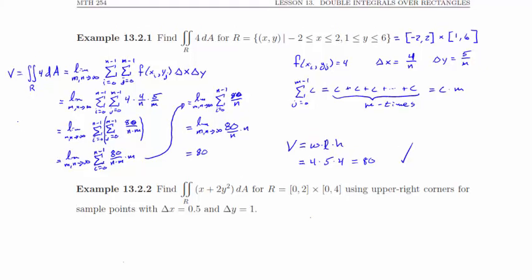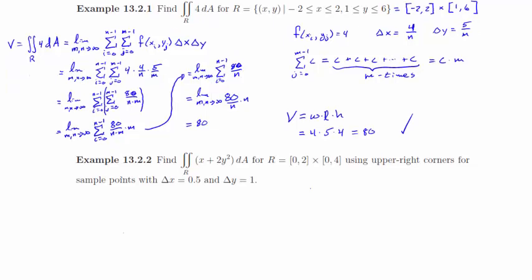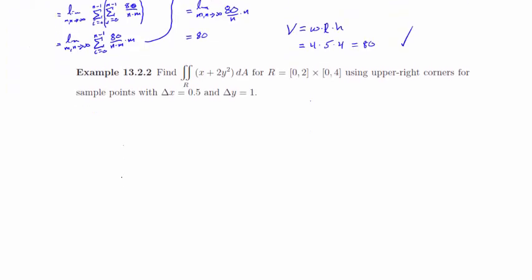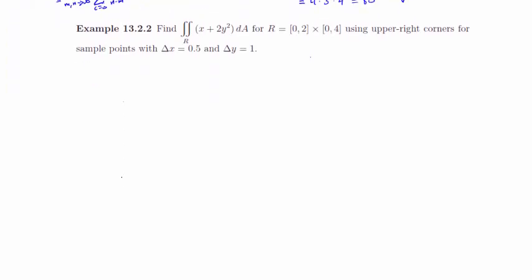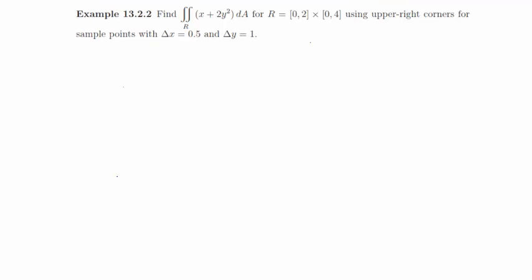All right, so before I give an exercise for you to do that has the limits of the summation, let's do one where we back off just a little bit and do an approximation to the volume underneath the surface. So example 13.2.2, we're going to find the volume under the surface x plus 2y squared, dA, for the region R equals from 0 to 2 in the x direction, 0 to 4 in the y direction.